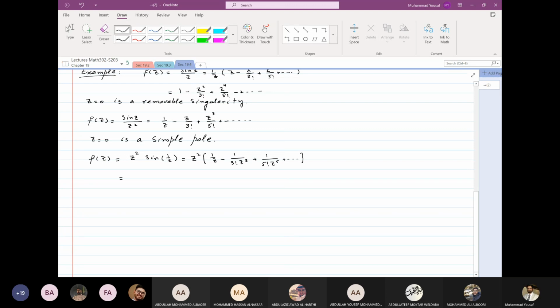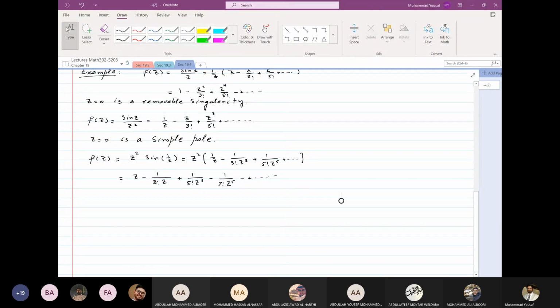And when we multiply z square inside, we get z minus 1 over 3 factorial z plus 1 over 5 factorial z cube minus 1 over 7 factorial z power 5 minus plus and so on.